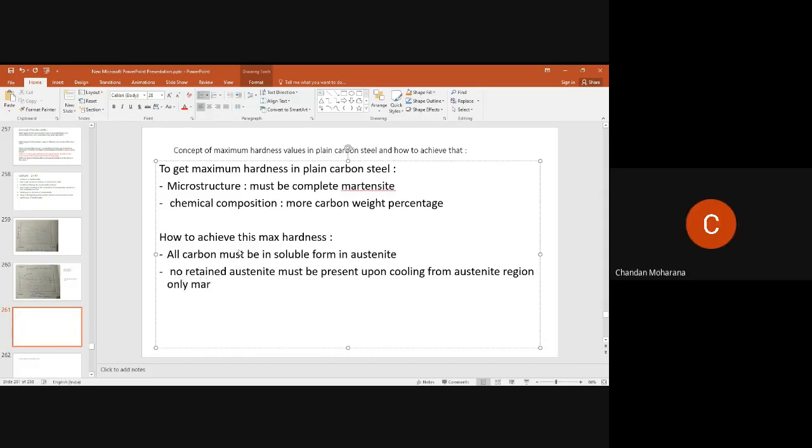Hardness value is decreased. Very good. It will decrease because austenite is a soft phase. Only martensite. Fine. One is all carbon must be in soluble form in the austenite phase. Second, no retained austenite must be present. Upon cooling from the austenite region, only martensite should be there. This is the second part.